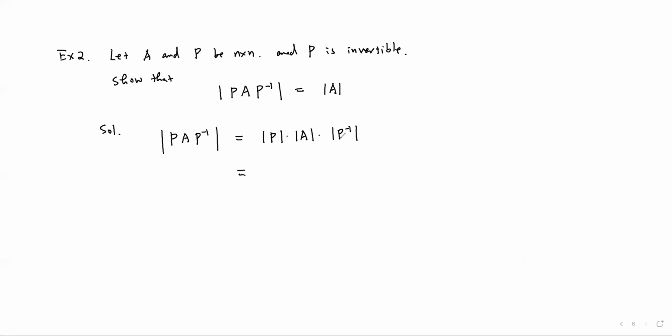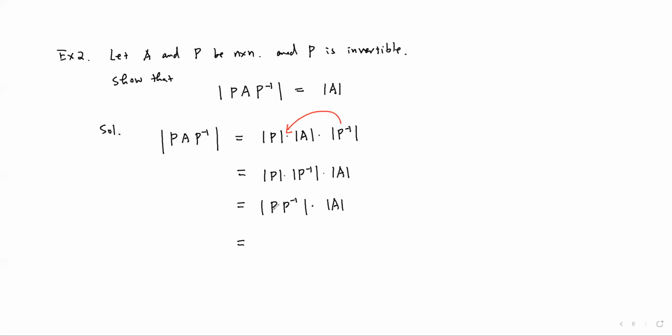A number times a number, I can switch the numbers. Let me move this number here. Then I get P times P inverse times A determinant. The determinant of P times the determinant of P inverse is equal to the determinant of P times P inverse by the same property.